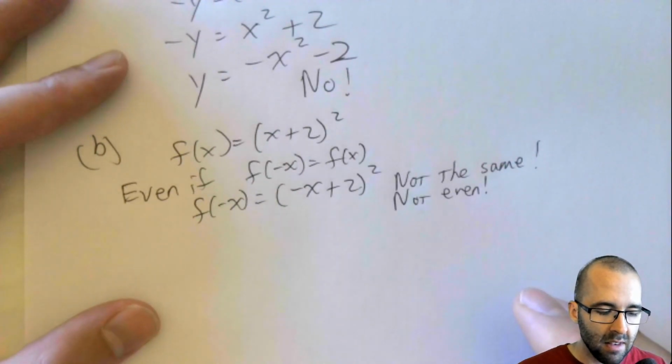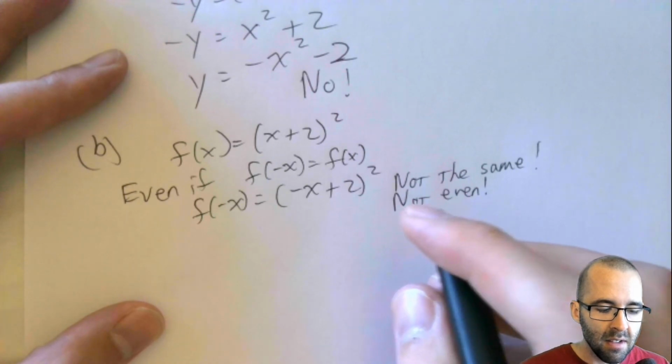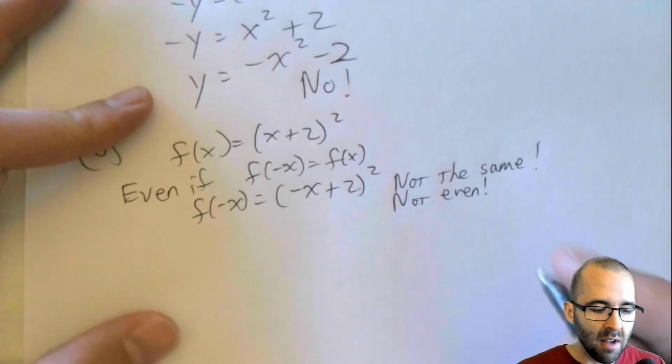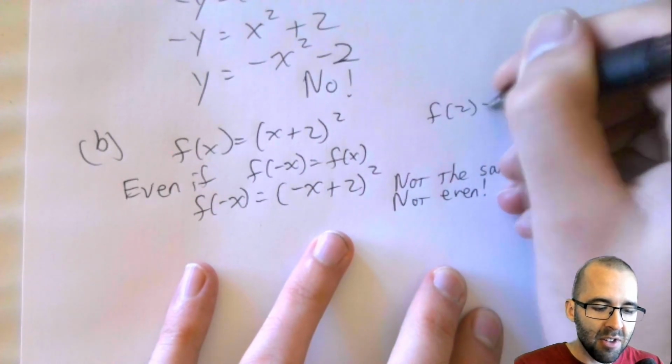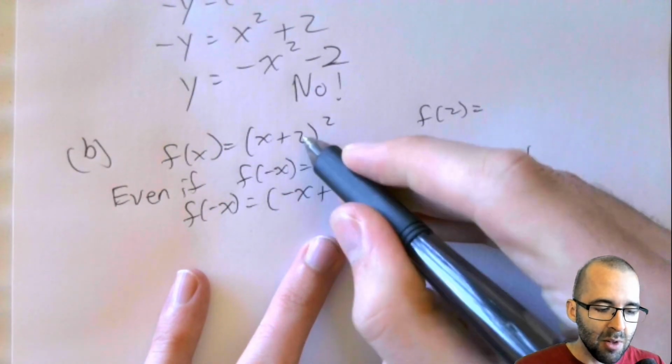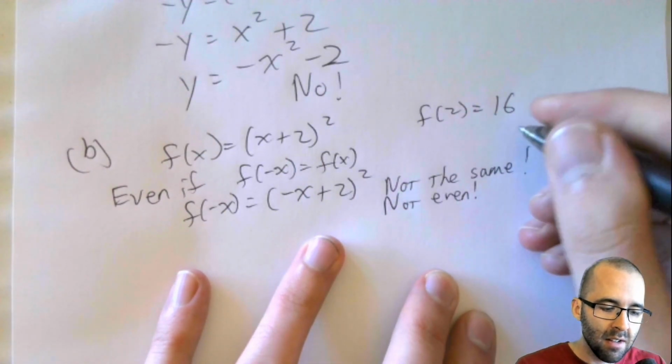It can be kind of hard to see this, but plugging in some points can show it. For example, if we wanted to find f of 2, that'd be 2 plus 2 squared, 4 squared, 16.